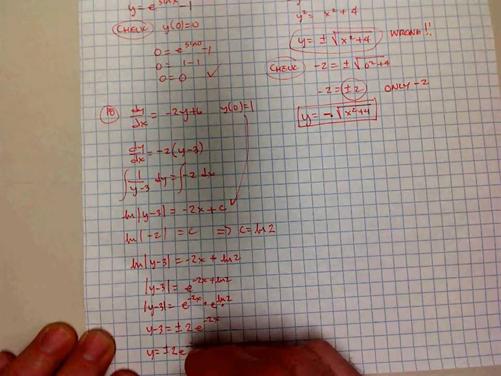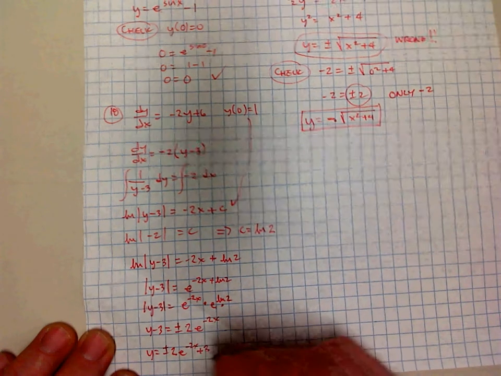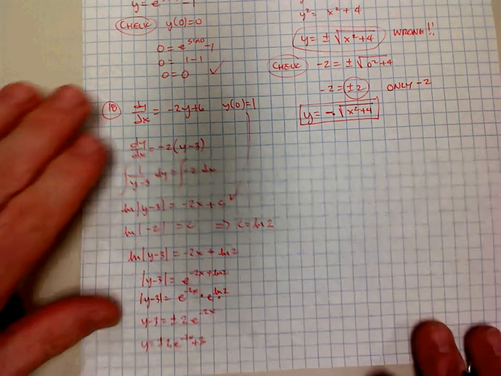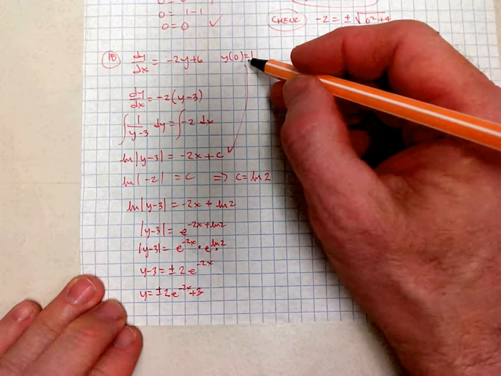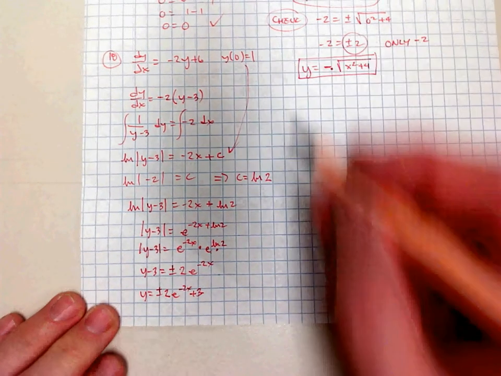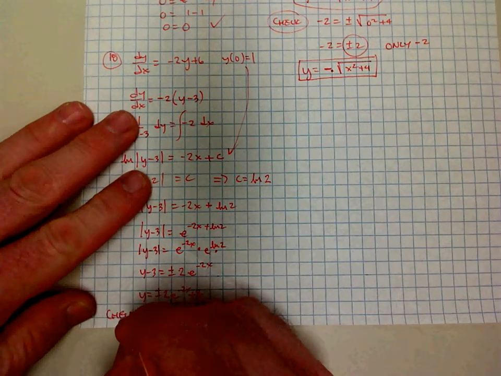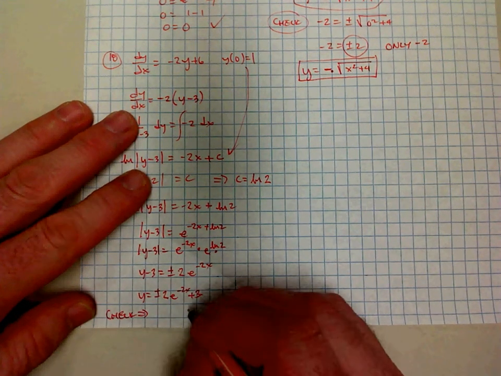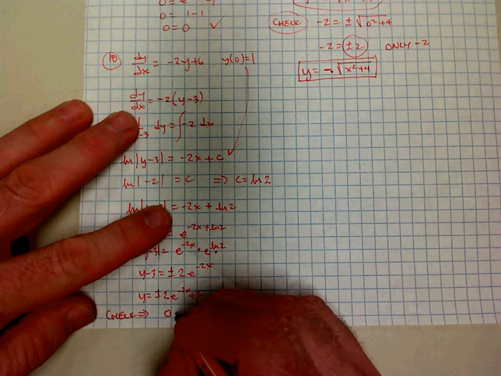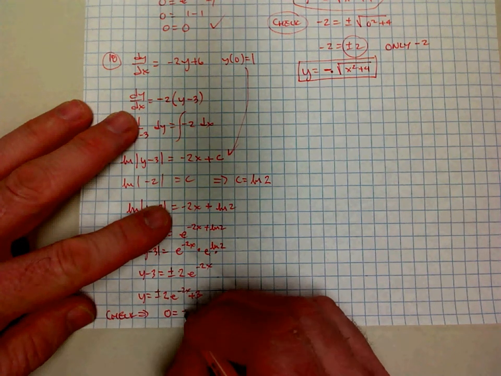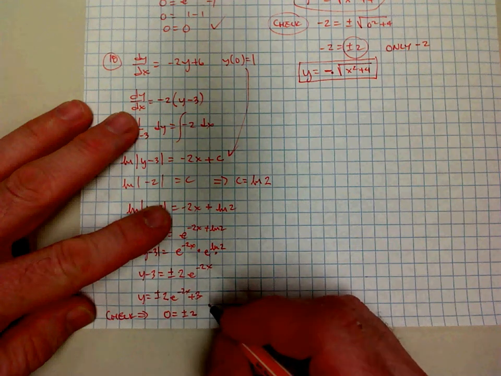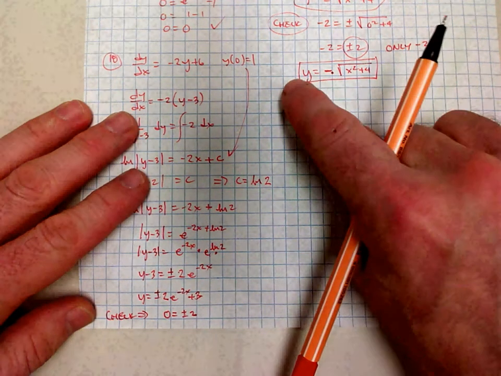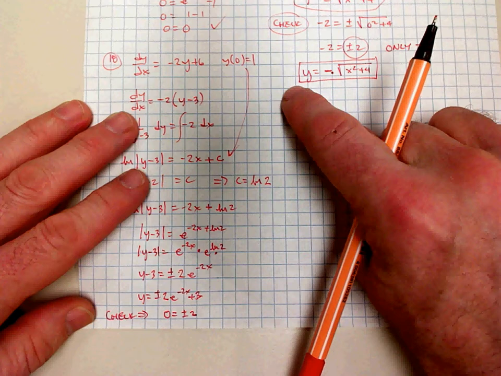We still need to do some checking here. So let's go ahead and substitute in our initial value, x equals 0, y equals 1. I think I wanted to put 1 there, didn't I? Yeah, this should be 1. I'm putting in y equals 1 and x equals 0.